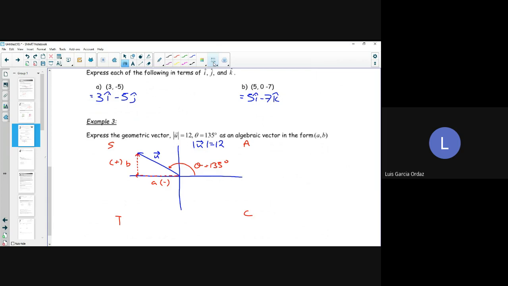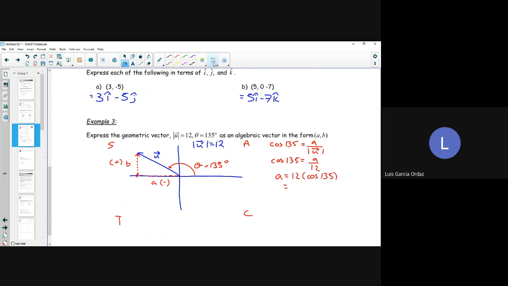So we can use basic SOHCAHTOA. I can use my cos of 135, which is going to give me a negative answer, equal to A divided by the magnitude of u. So cos 135 is equal to A over 12. A is equal to 12 times cos 135.